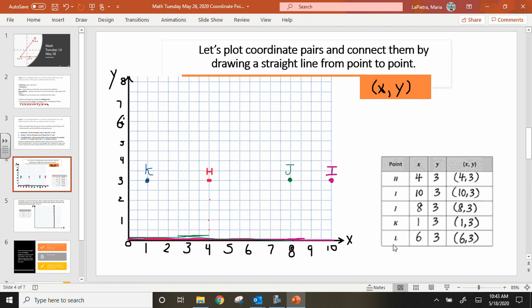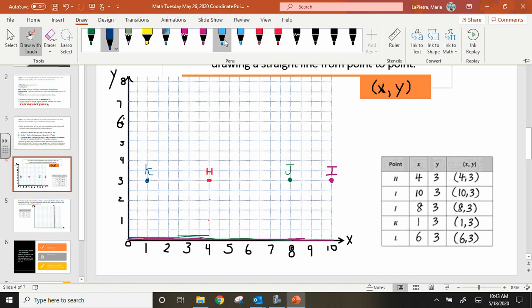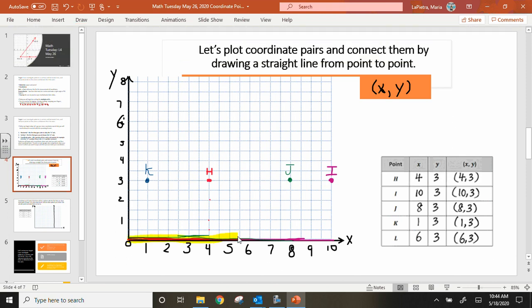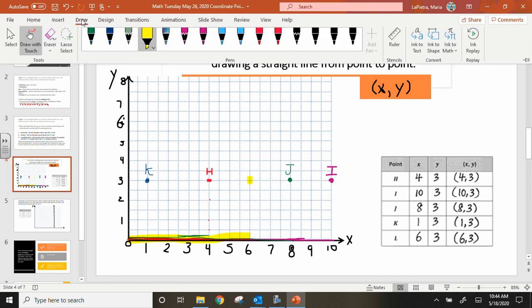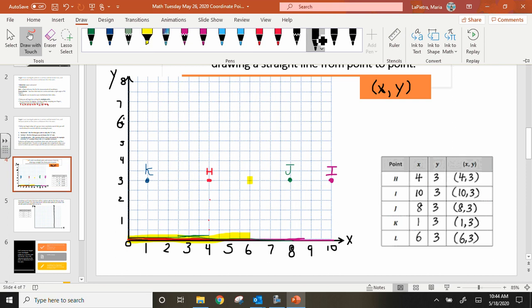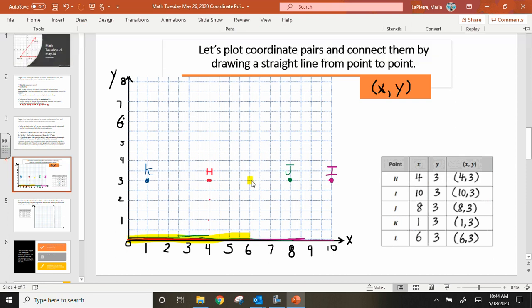And the last one is L, 6, comma 3, over 6, up to 3, and that's going to be called L.